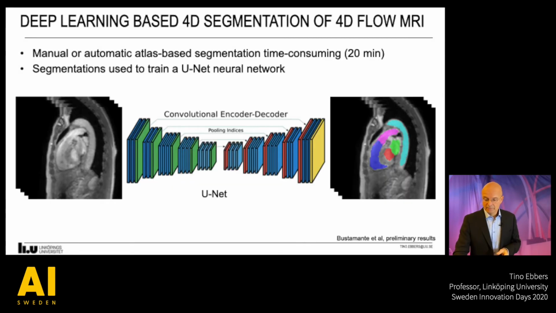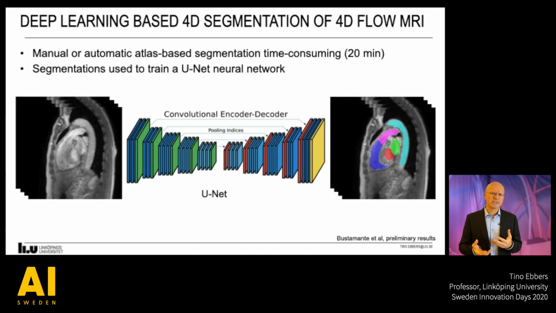In this case, segmentations were done using an atlas-based segmentation. So we do a manual segmentation of a certain amount of data sets, patients, and then we use those to segment the other data sets.